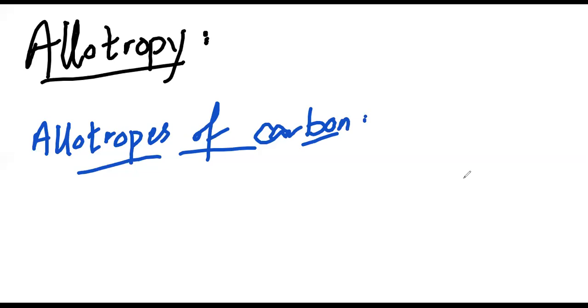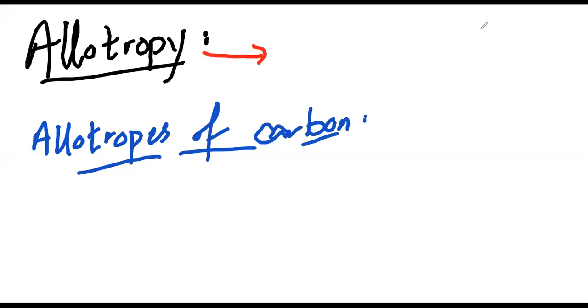So now talking about allotropy. What is allotropy? Basically, allotropy is the existence of an element in more than one form, or a mixture of the two.